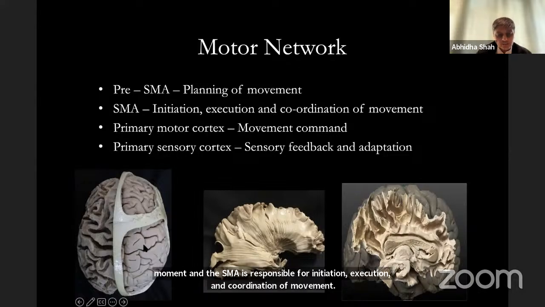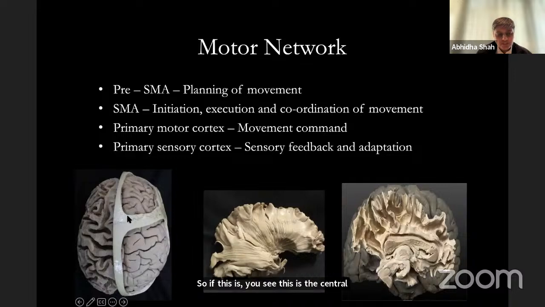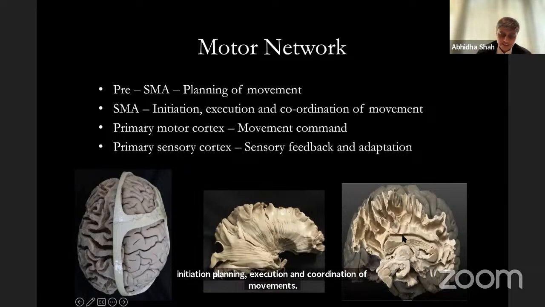So you see, this is the central sulcus, the precentral gyrus. So this is the region of the SMA, and this is the region of the pre-SMA. This region is very arbitrarily defined, and this whole medial part is important for the initiation, planning, execution, and coordination of movements. The other component, of course, is the corticospinal tract as it is going down.